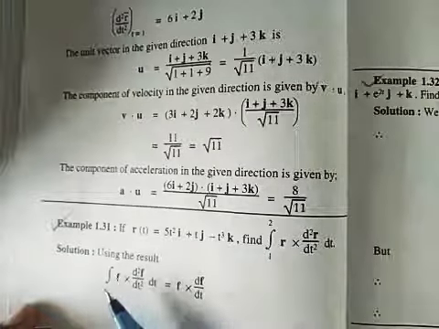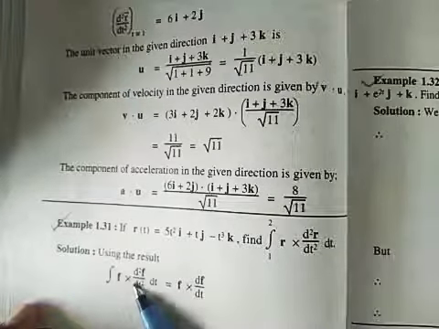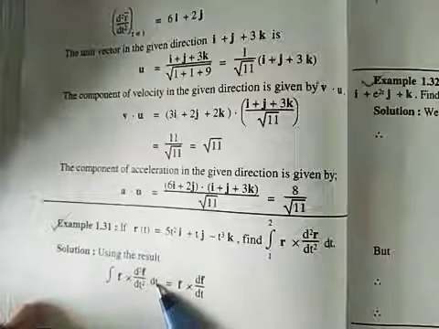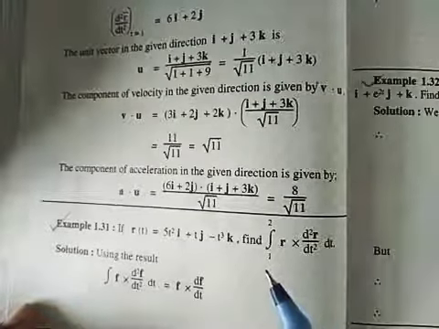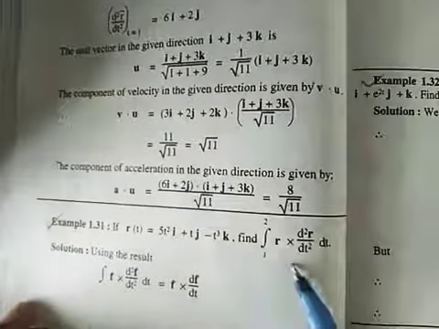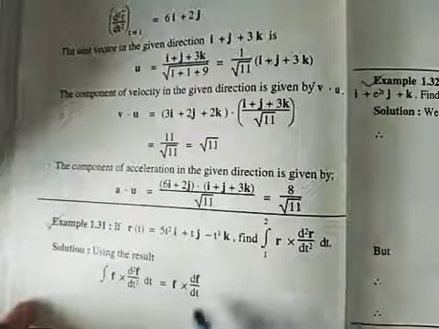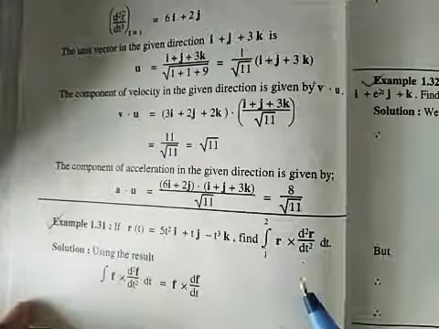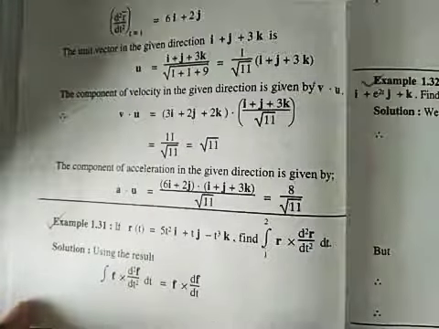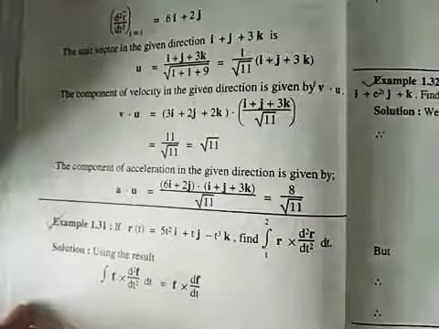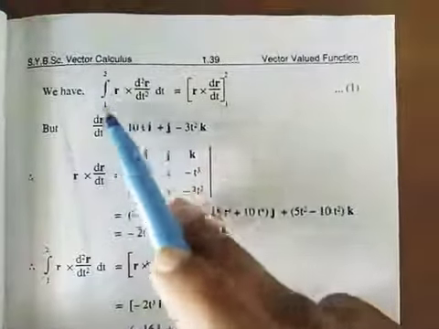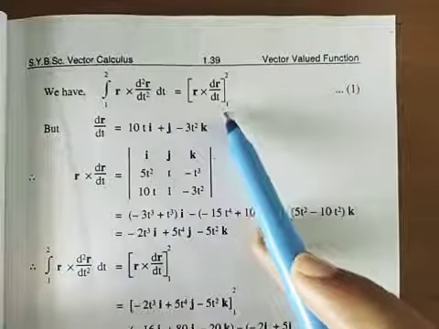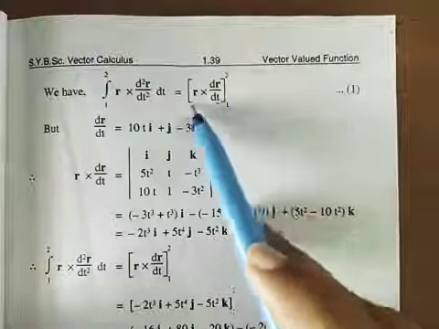So we use the result that the integral of f × d²f/dt² dt is the same as f × df/dt. So here this integral is equal to r × dr/dt with limits 1 to 2. So let us find this.